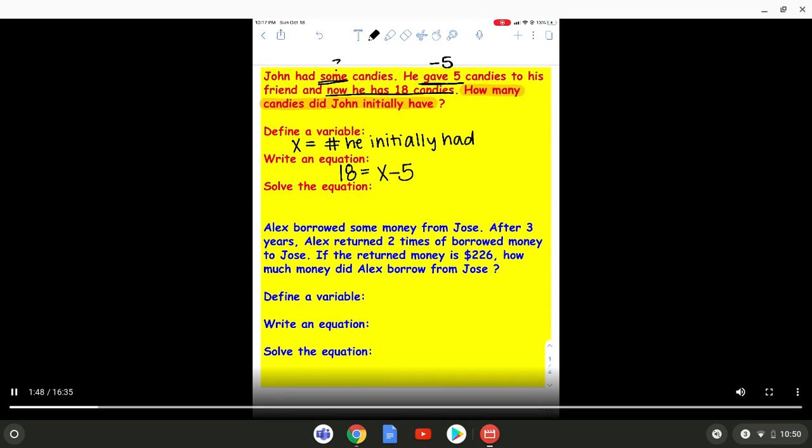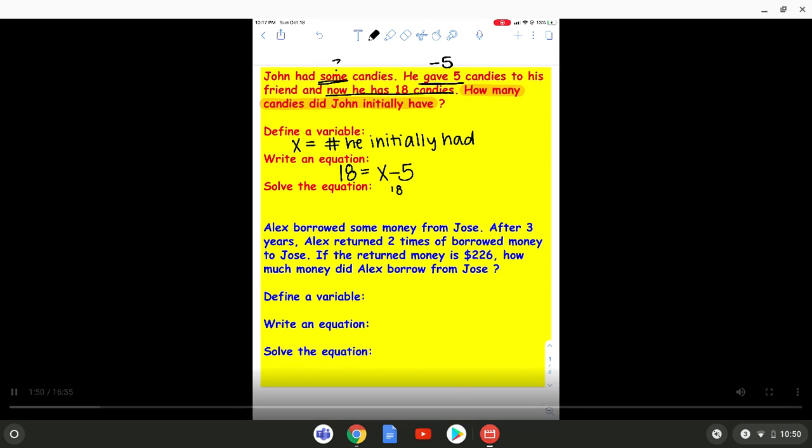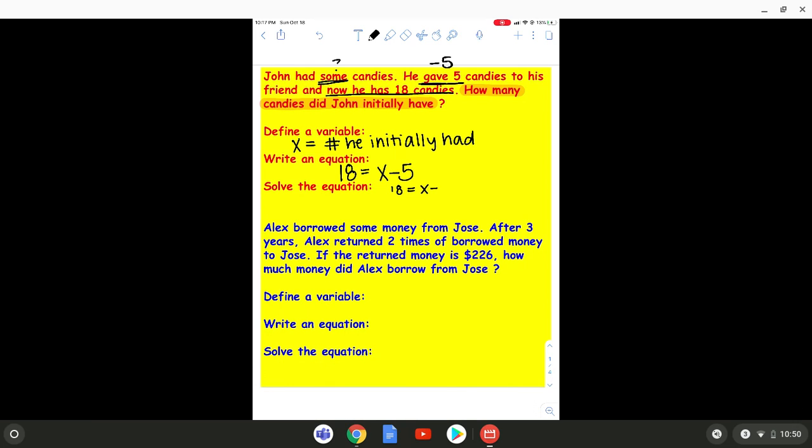So now I'm just going to solve that equation. And that is going to give me that x is equal to 23. So John initially had 23 candies.